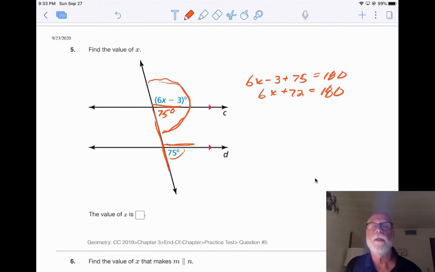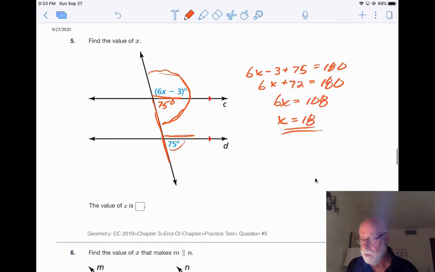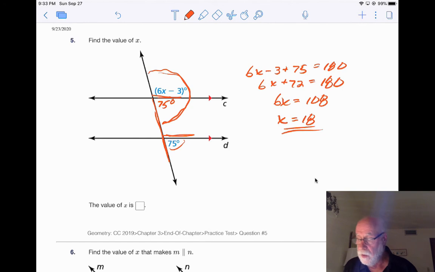If I subtract 72 on both sides, I'll get that 6x is equal to 108. And then I get that x is equal to 18. Remember, if you have time, you can always plug it in. So remember, it's 18.